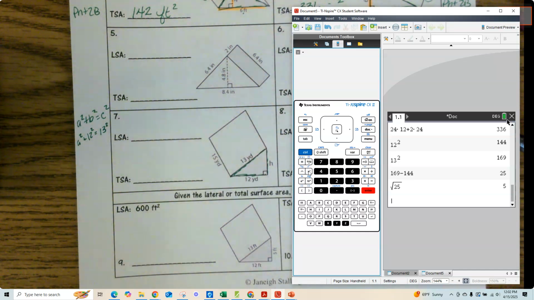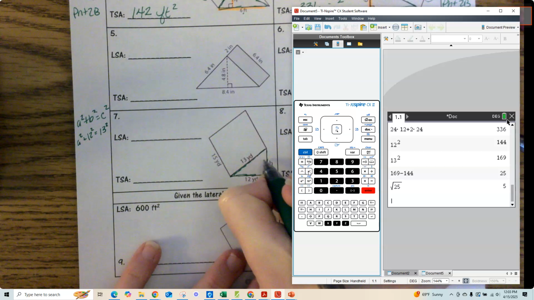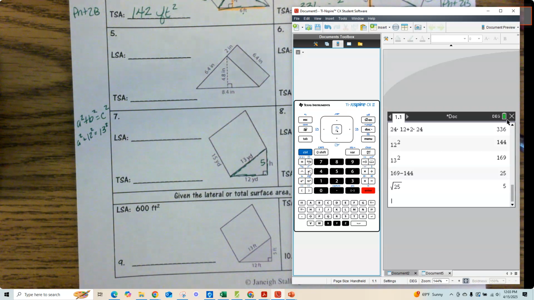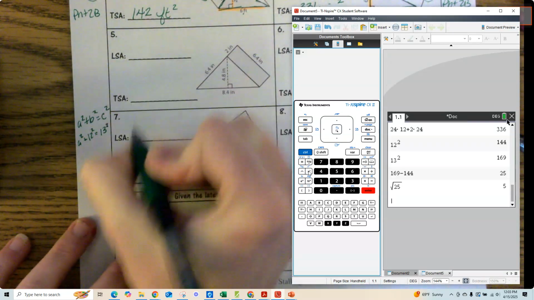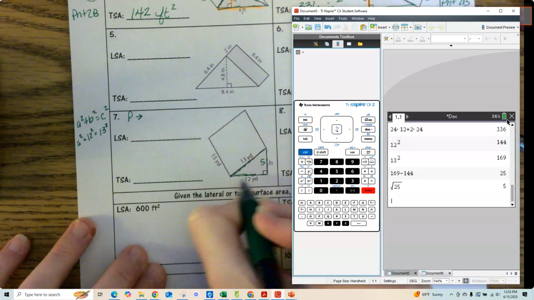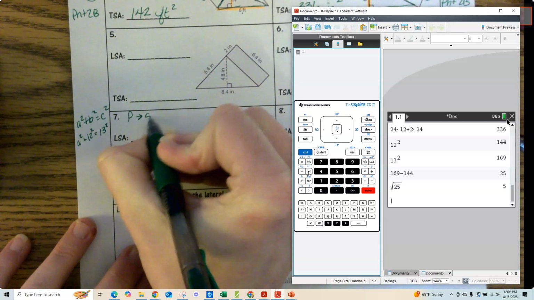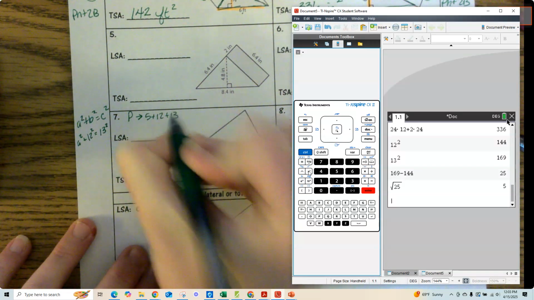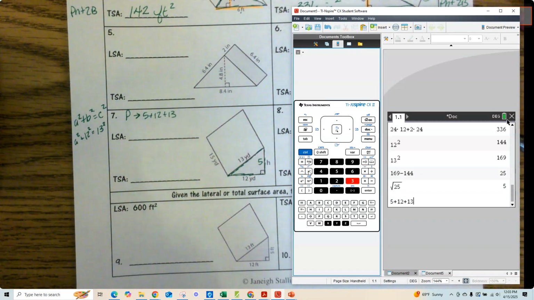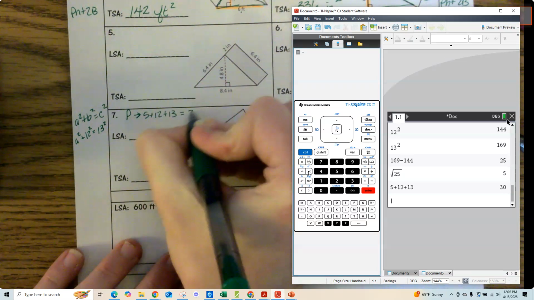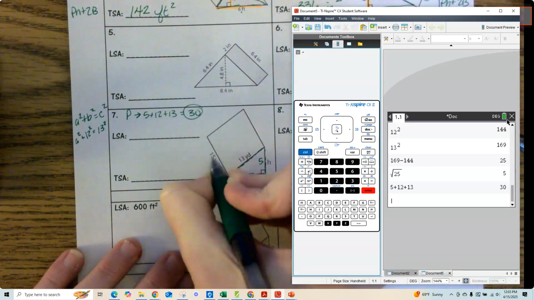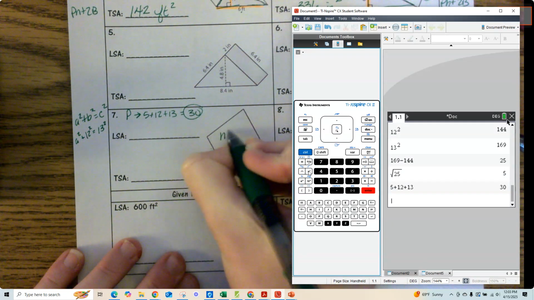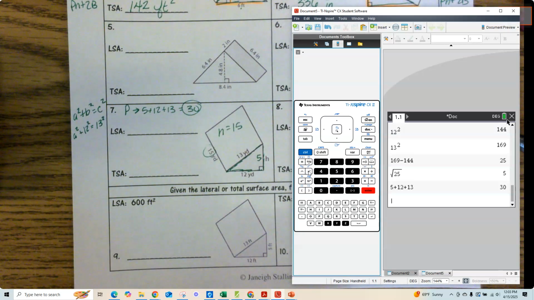So that's what they like to do on these. They like to make you work for your numbers. You got to do all that before you can even start. So on number 7, perimeter, 5 plus 12 plus 13 is 30. Here's my height. Height's going to be 15.